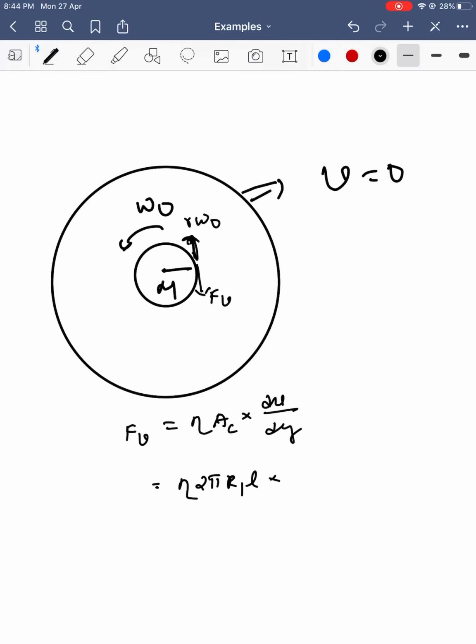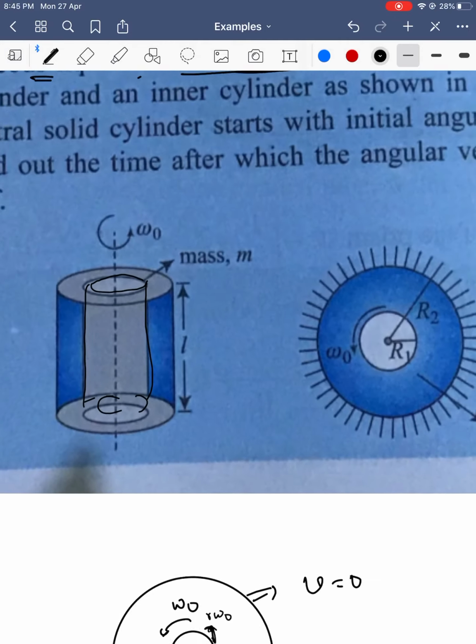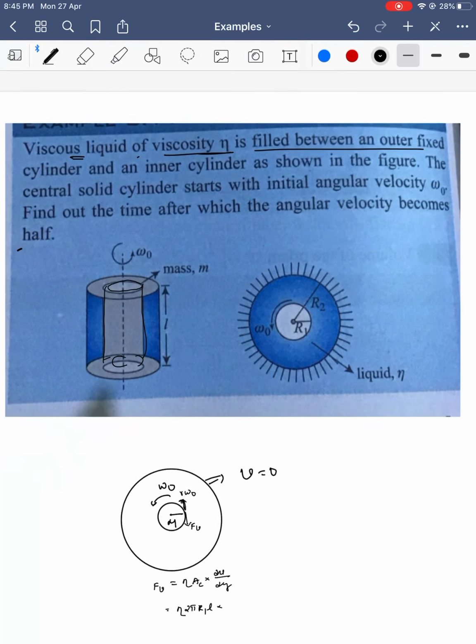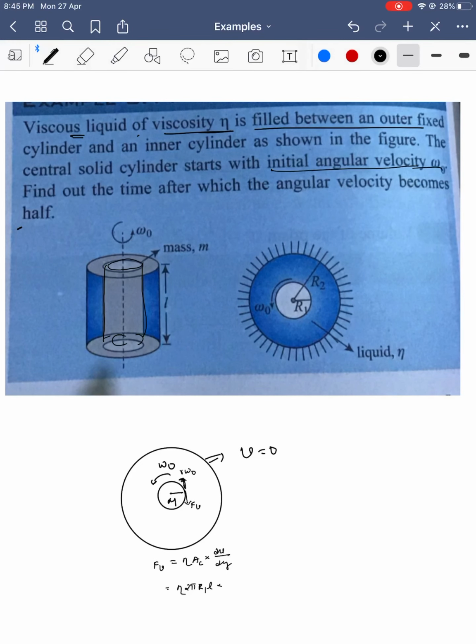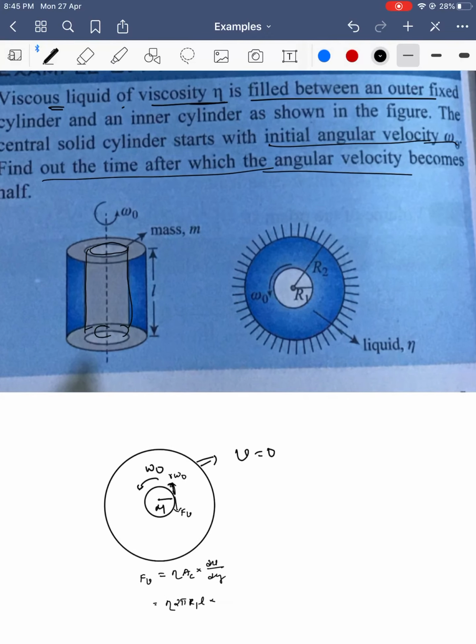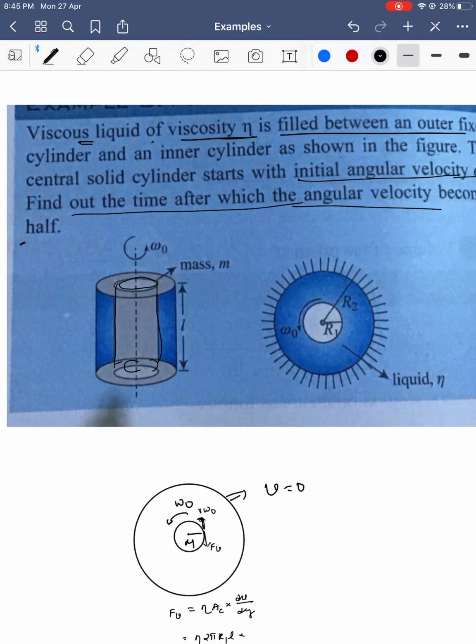The question asks: as shown in the figure, the solid cylinder has initial angular velocity omega naught. Find the time after which the angular velocity becomes half. Angular velocity initially is omega naught, after that omega naught by 2, which means omega is variable.